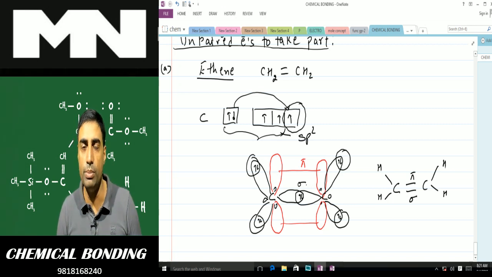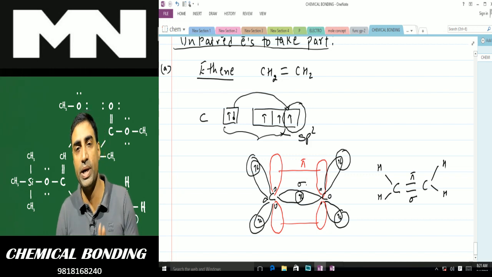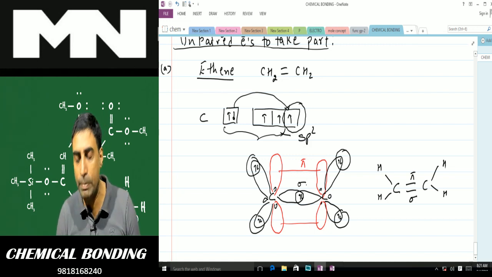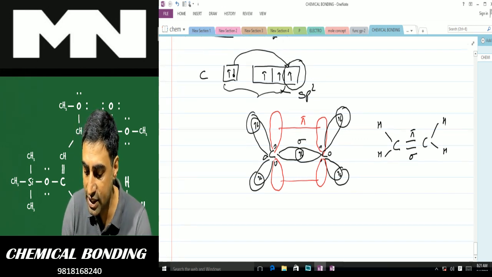The shape will be trigonal planar. Between the carbon-carbon atoms, you will have a sigma bond. But the p orbital which has not undergone hybridization, the unpaired electron present in p, will overlap sideways with the p of another carbon atom, leading to the formation of pi. So this is how alkenes are.